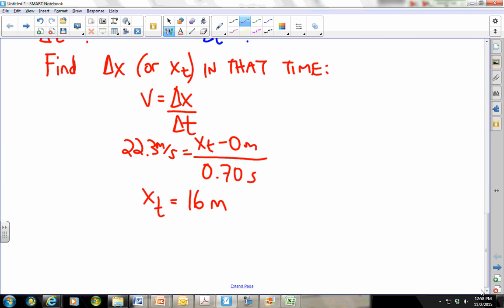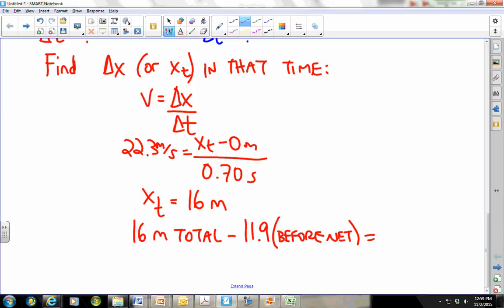So 16 meters total minus 11.9 before the net would be 4.1 meters inside the service zone. Service court, sorry. So, yes. Okay, we're done.